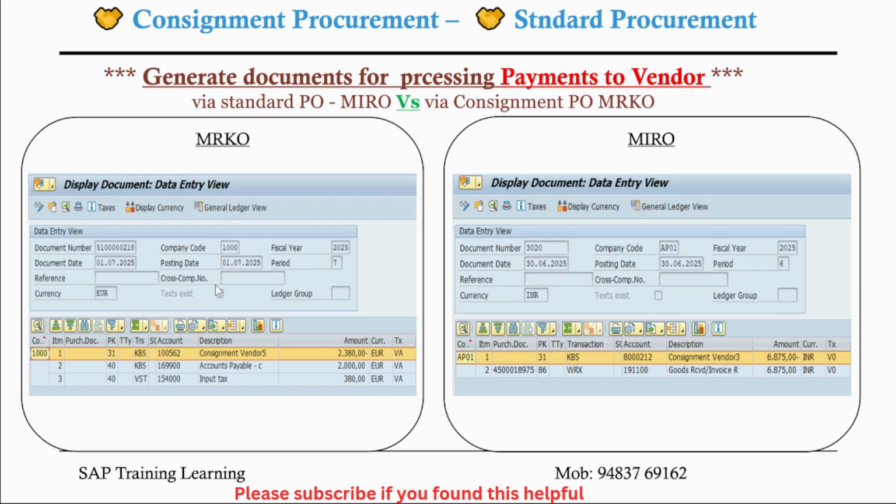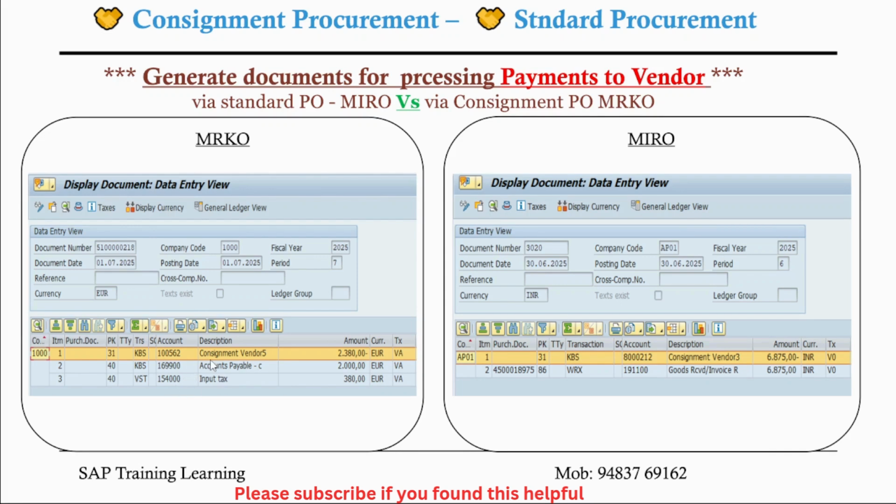But in this consignment scenario, the vendor supplied the goods to you, but he doesn't know when you are going to consume and how many you are going to consume. Because of this reason, he can't give you the invoice. For that, you create a settlement document using MRKO based on your usage, right?